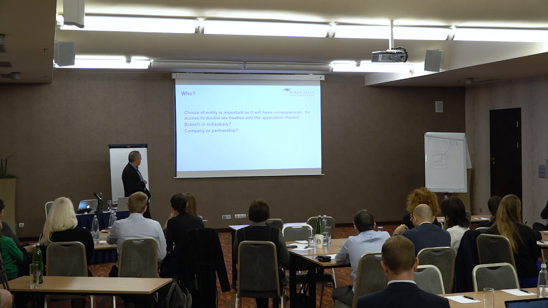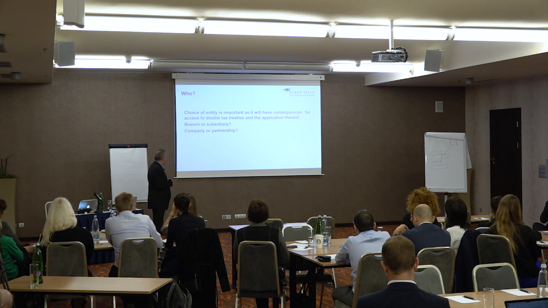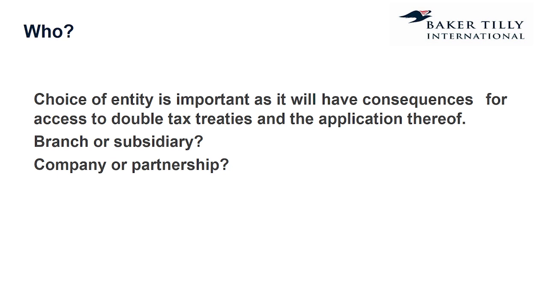So like I say, the choice of entity is important because that will determine to some extent what you are accessing, what you're looking at under the double tax treaty. Is it to do with withholding tax on dividends? Is it to do with withholding tax on services? Is it to do with withholding tax on royalties?